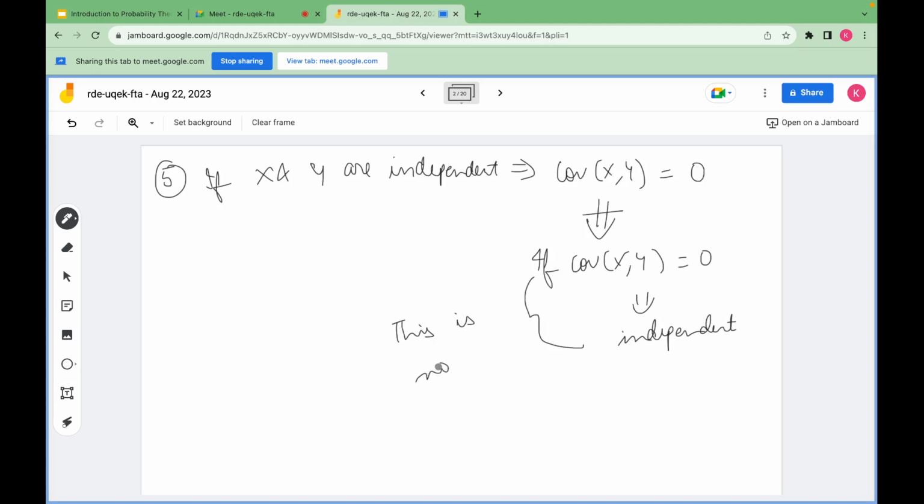This is not true. If X and Y are independent, then the covariance between X and Y will be 0. But if the covariance between X and Y is 0, this doesn't imply that they are independent. So the converse of this statement is not true. I hope this is clear.